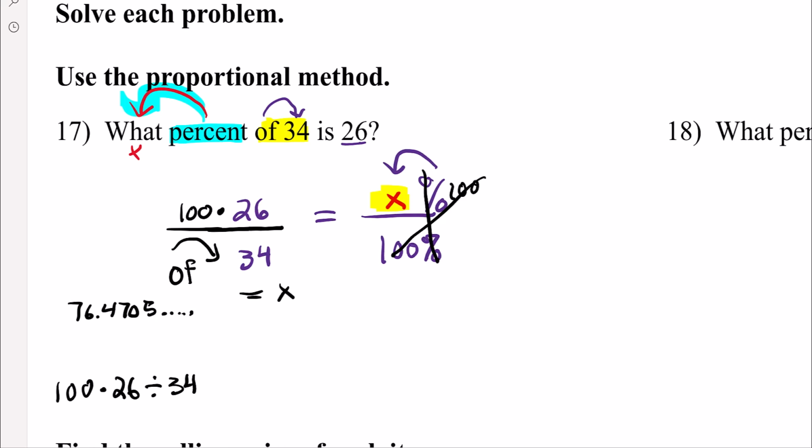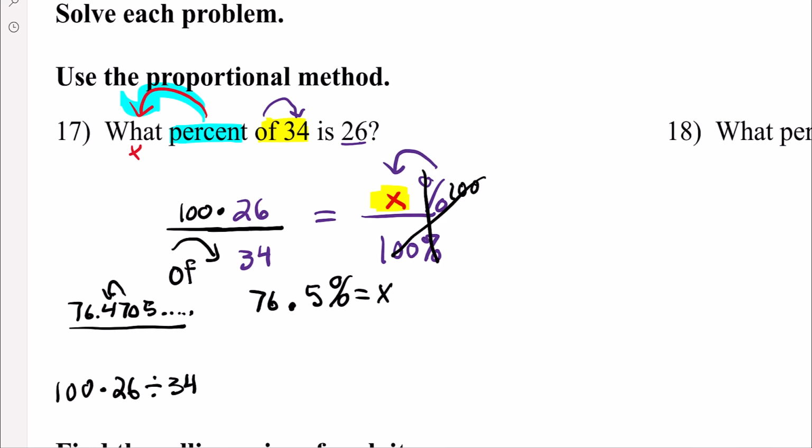That's exactly what X is equal to. That's the exact. But let's go ahead and round to the tenth, and we're looking for a percent. Well, this 7 will cause that 4 to round up to 5, so we end up with 76.5%.